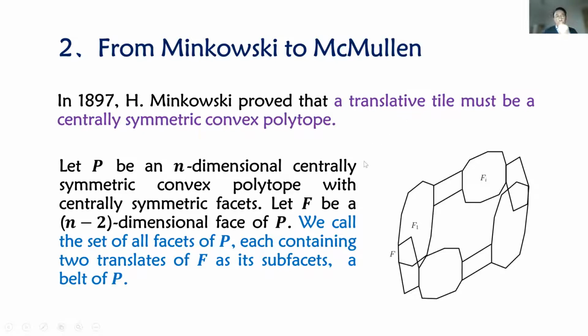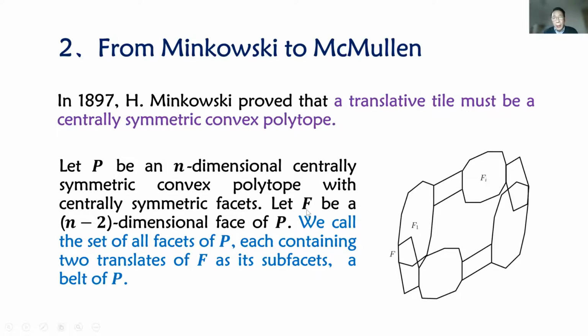Furthermore, for lattice tiles, the structure is very elegant. Here is a technical concept. Let P be an n-dimensional centrosymmetric convex polytope with centrosymmetric facets. This means not only the polytope itself is centrosymmetric, its facets are also symmetric. Look at this picture: F1 is centrosymmetric, Fi is centrosymmetric, every facet is centrosymmetric.